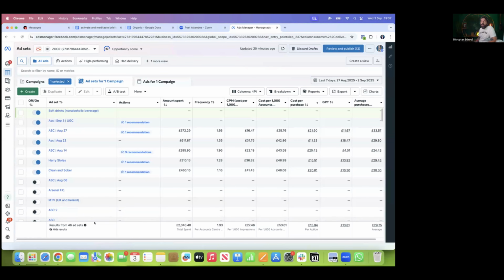My buddy Nate at Original Grain said that his CAC has gone up every year for the last few years, and they've never been more profitable because they're setting up the machine to allow higher customer acquisition costs by focusing on higher average order values and then LTV.